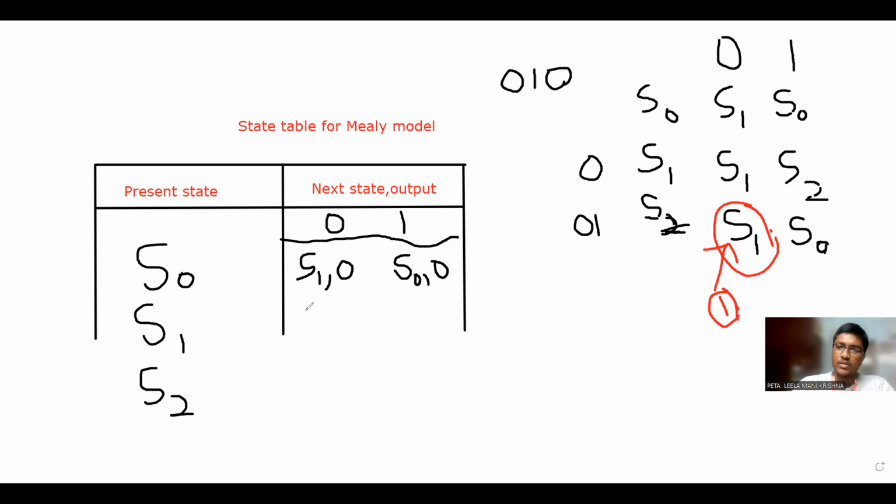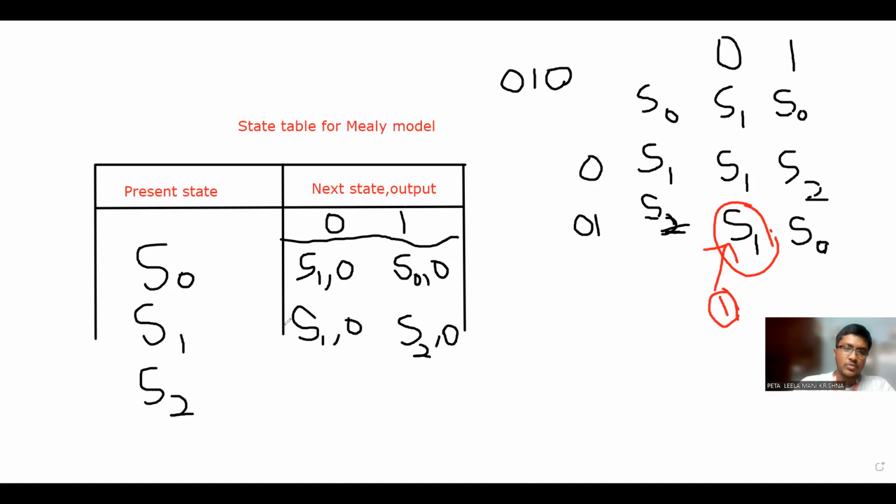And from S1, if I use input as 0, it will take overlapping and stay in the same state S1 and the output will be 0. And from S1, if I give the second bit as 1, it will move to the next state S2, and 2 bits are detected and output will be 0 only.